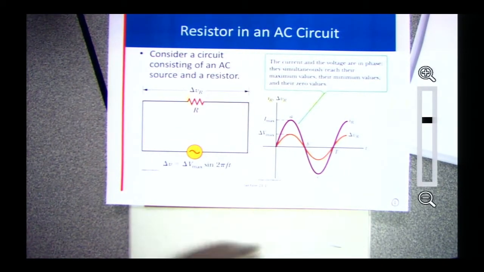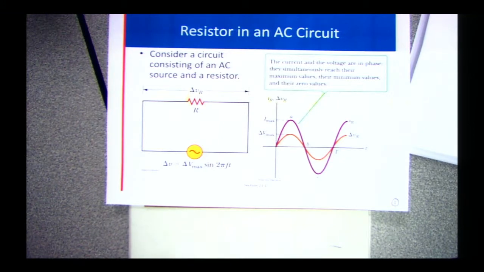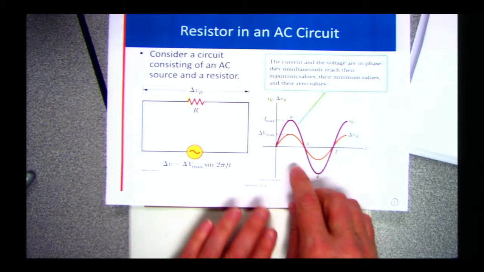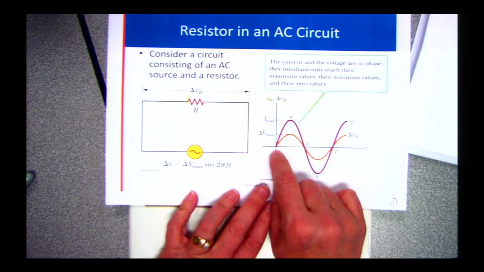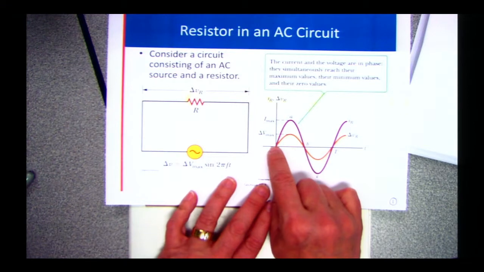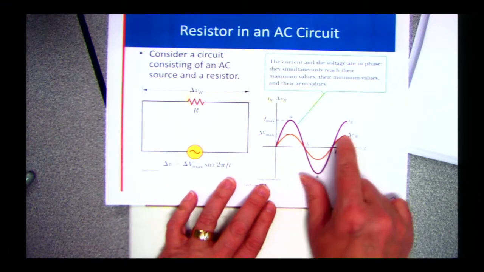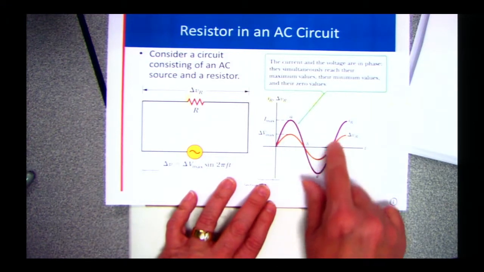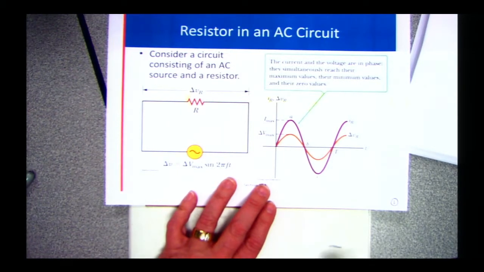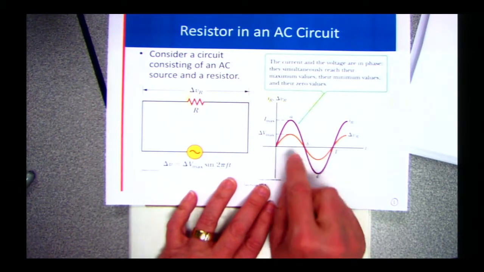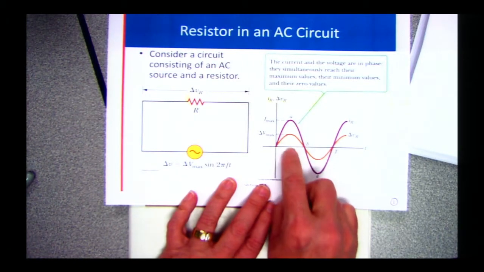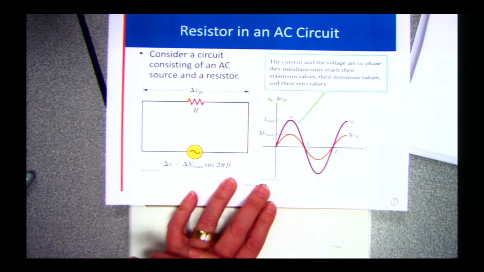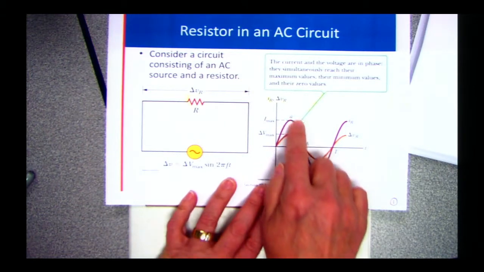There we go. And when I run an AC circuit, I can put my voltmeter on the circuit, and I can put my amp meter in the circuit, and I can follow when the voltage hits maximum, and I can follow when the current hits maximum. The key here is that the voltage and the current are going to be at the same point in our sine wave.